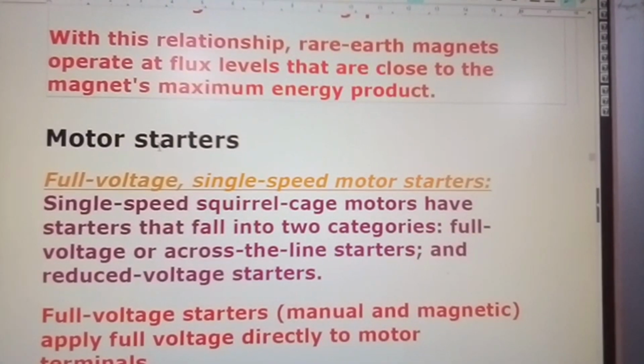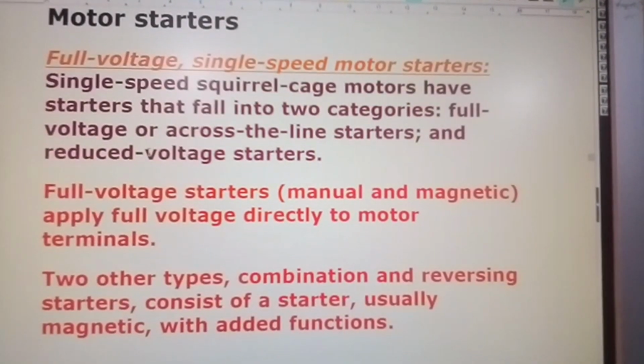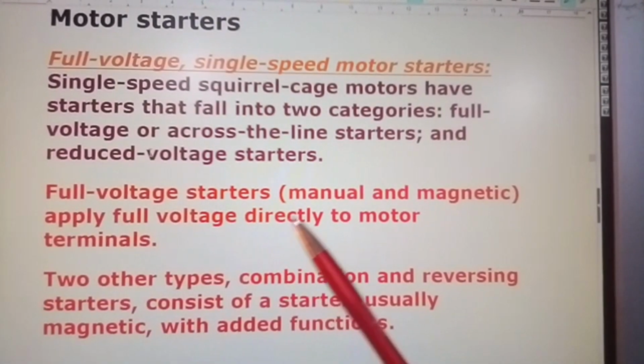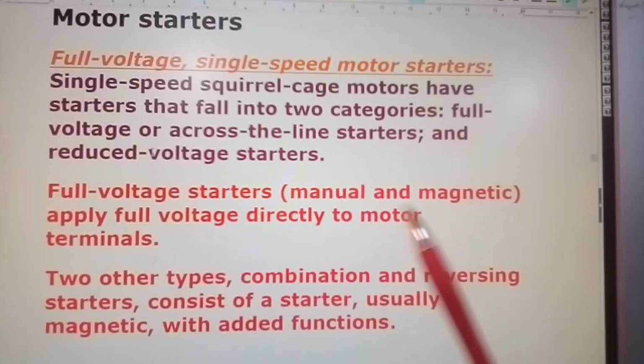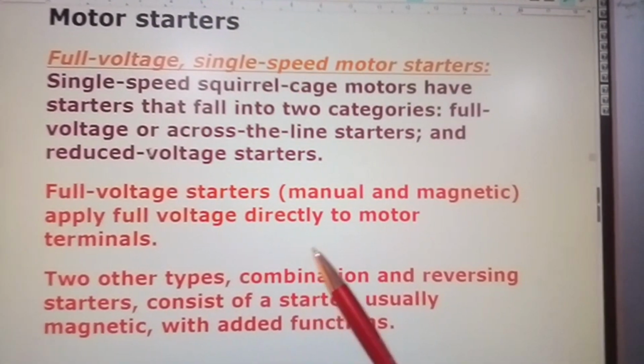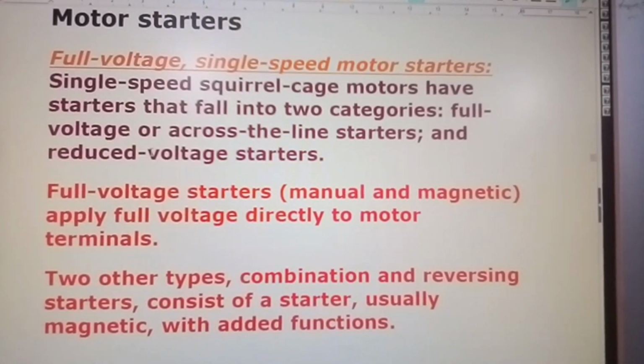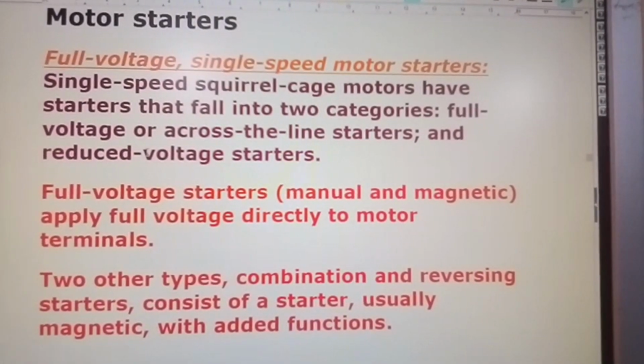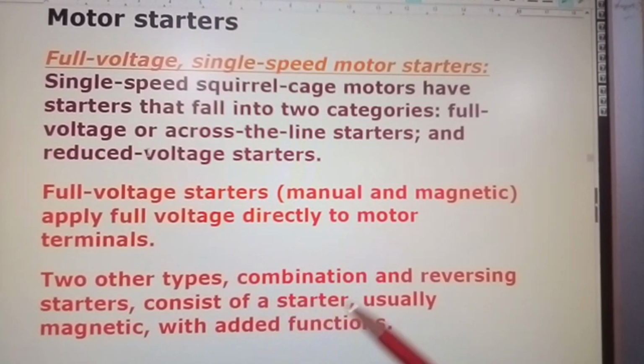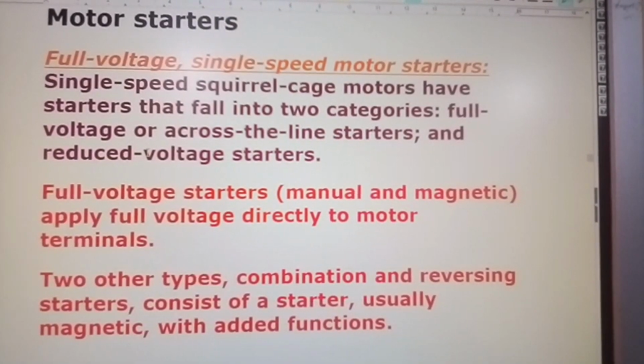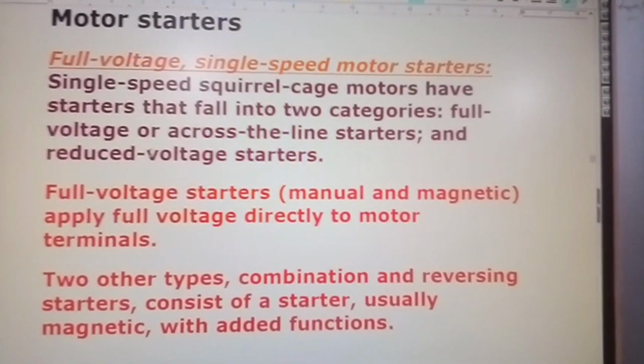Now, full voltage starters, manual and magnetic, apply full voltage directly to motor terminals. Two other types, combination and reversing starters, consist of a starter, usually magnetic, with added functions.